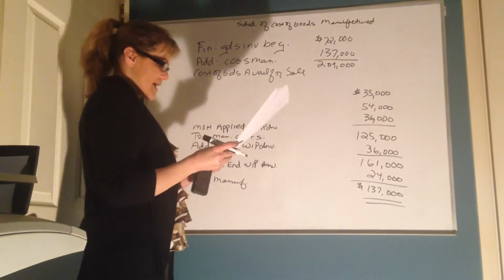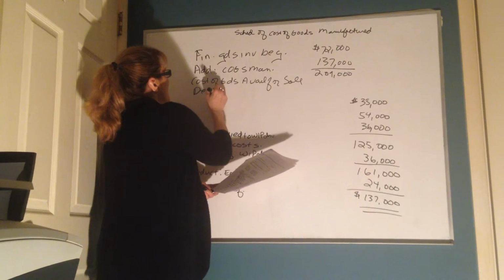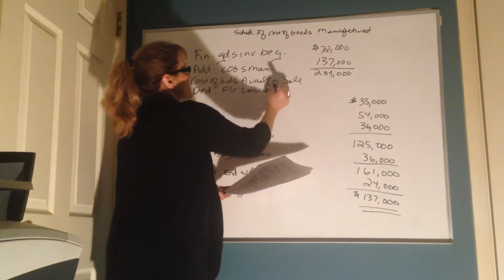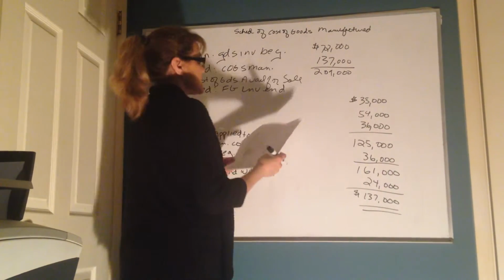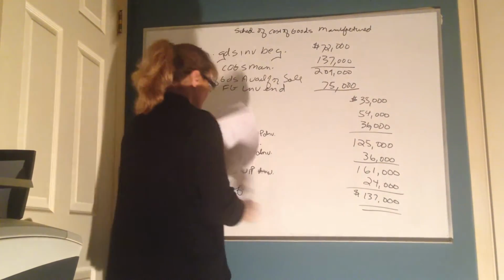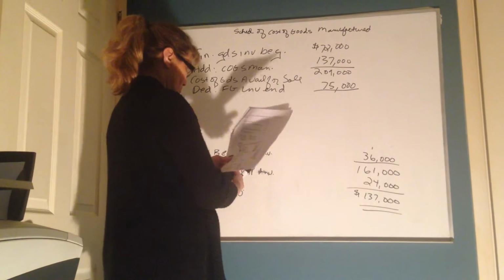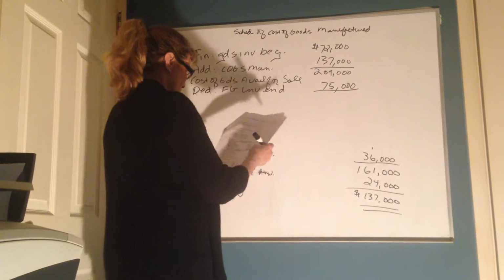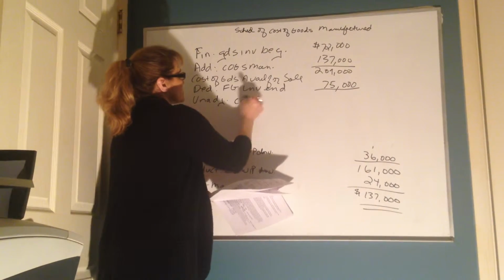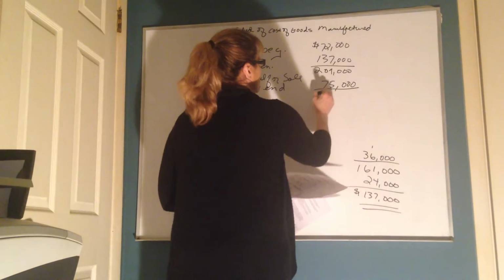So that's 209,000. If we deduct our finished goods inventory ending, which is given as 75,000, we will get an unadjusted cost of goods sold of 134,000.